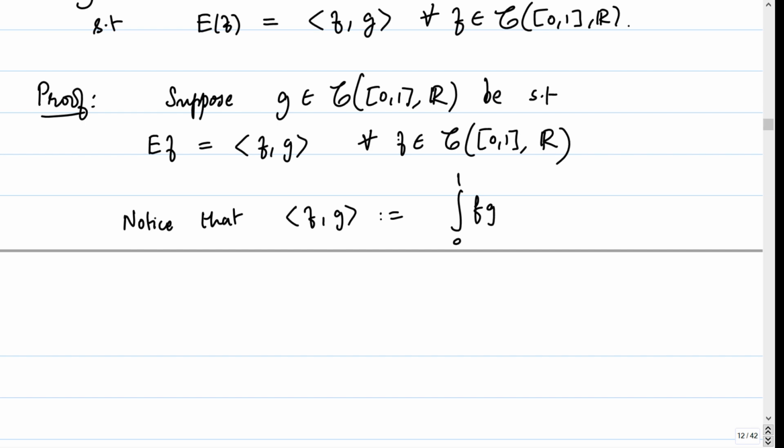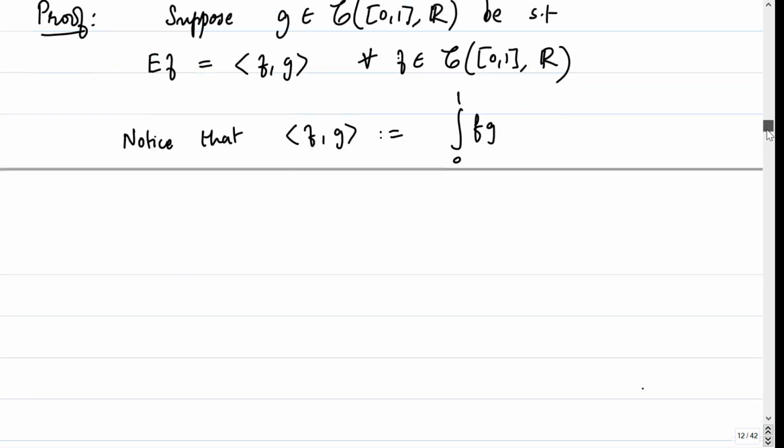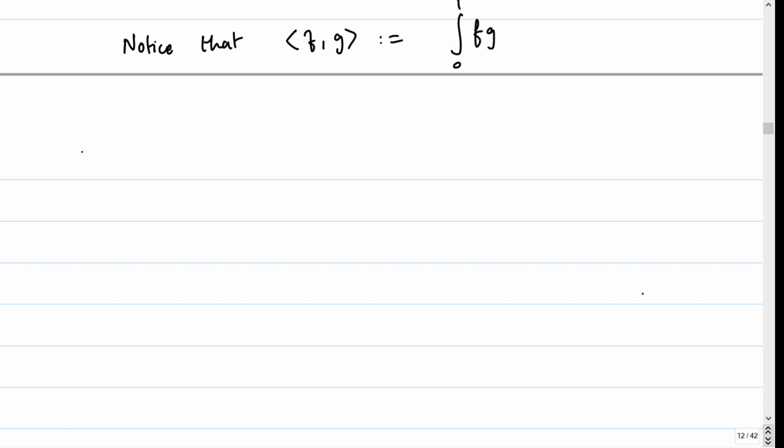So let's define certain functions Fn in the following manner. Let's first draw the graph of Fn and then we'll define what Fn is. So this is the Cartesian coordinates here.